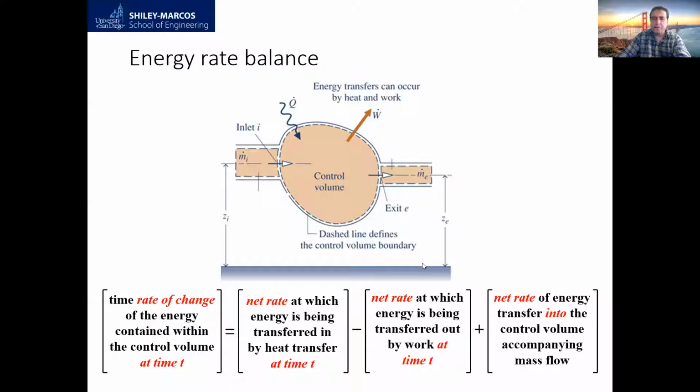Next we're going to look at the inlet. We have the inlet mass flow rate. It has internal energy, kinetic energy, and potential energy, and that potential energy is the elevation Z times the gravitational acceleration. From physics class, you have learned about potential energy, kinetic energy, and possibly internal energy.